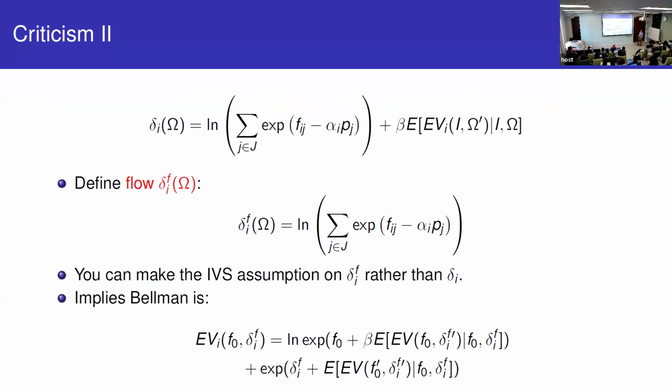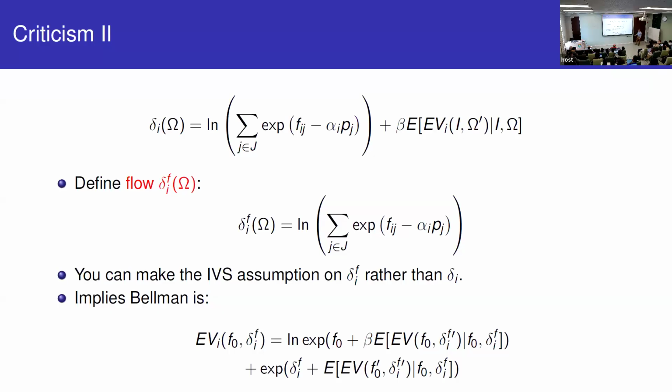So for us, here's that same equation again. Now the inclusive value is a function of the products that are available on the market, just their flow utilities. And we can write the continuation value here. So now we can make a new inclusive value just for the flow, and then we'll make our AR1 assumption about this instead, and not this, trying to keep this part out.